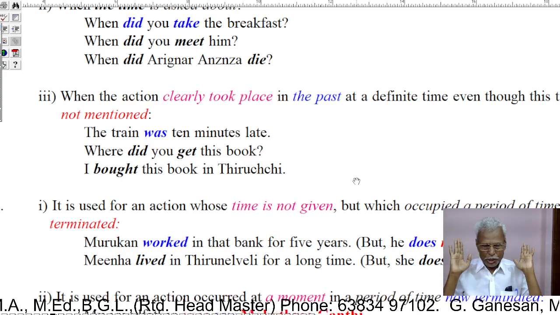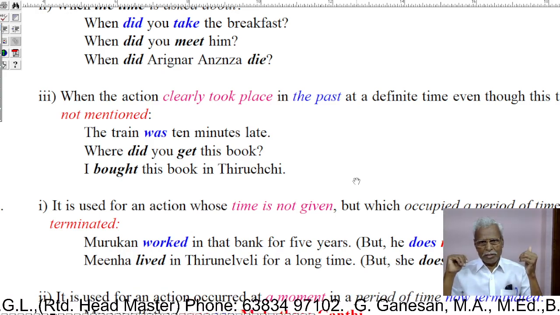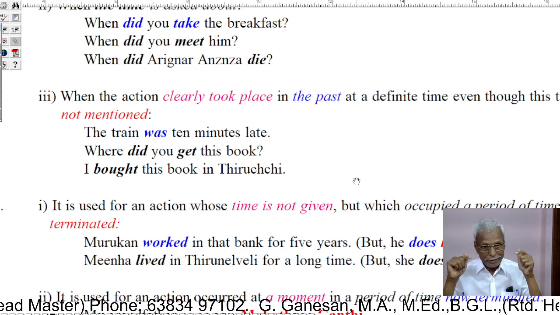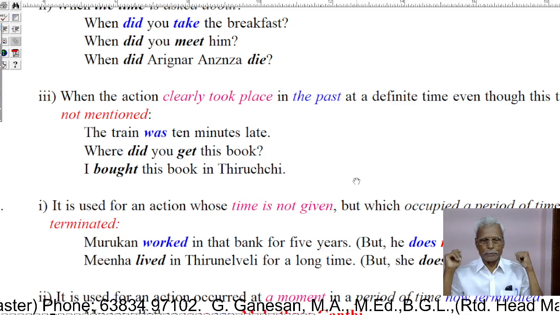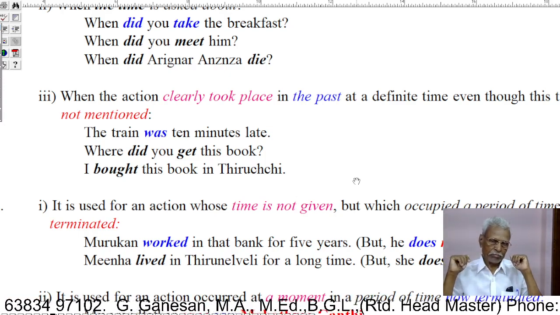Why did you get this book? The question is about an action that happened in the past. That means, why did you buy this book? The answer is, I bought this book in Trichy.